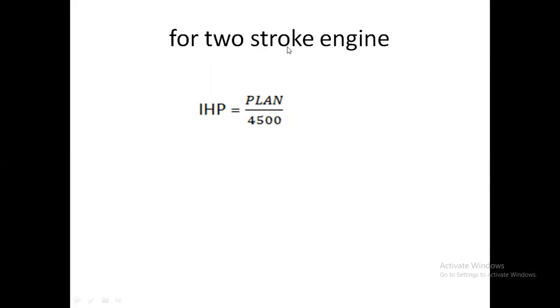The formula for the two-stroke cycle engine, that is the formula of indicated horsepower, is given as IHP = P L A N n / 4500, where again P is the pressure given in kg per centimeter square, capital L is the stroke length given in meter, capital A is the cross-sectional area of the piston given in centimeter square, and capital N is the revolution speed of the engine in RPM.